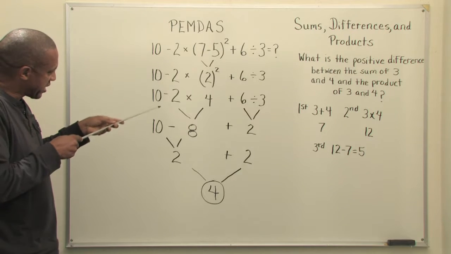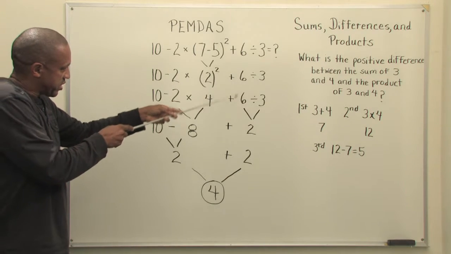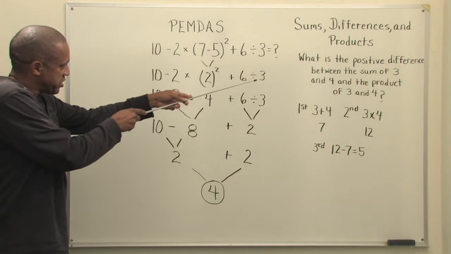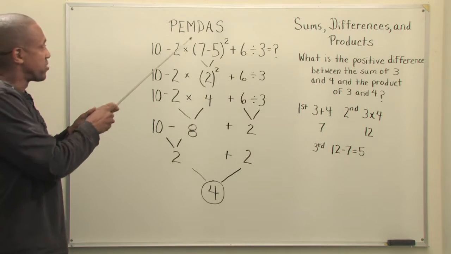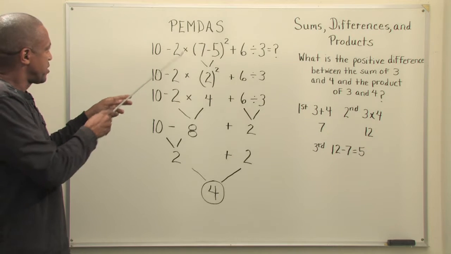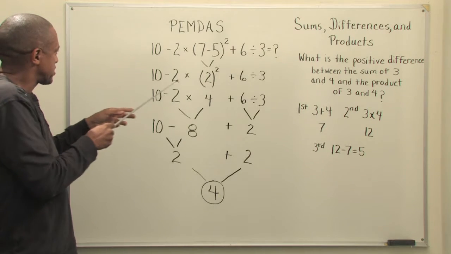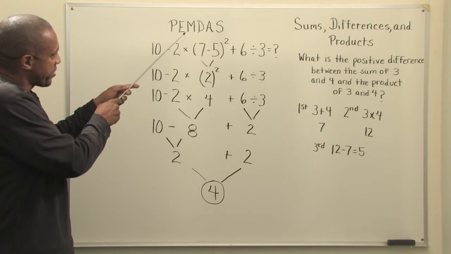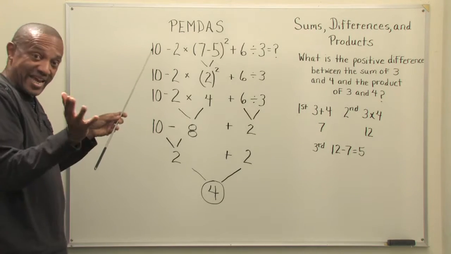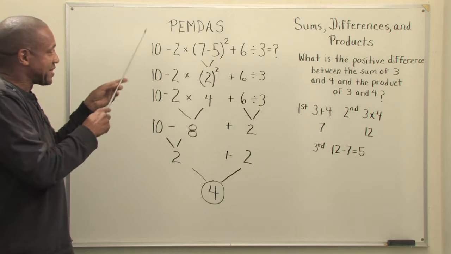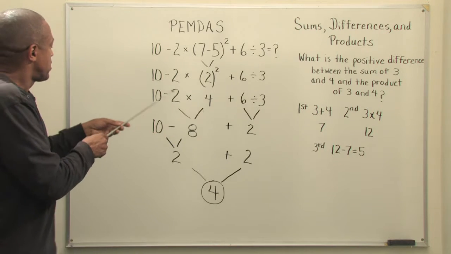Again, I bring everything else down: the 6, the division sign, the plus, and the 3. Now we're done with parentheses and exponent. What we have left is multiplication, division, minus, and plus. With PEMDAS, it says do multiplication and division next, left to right, okay?